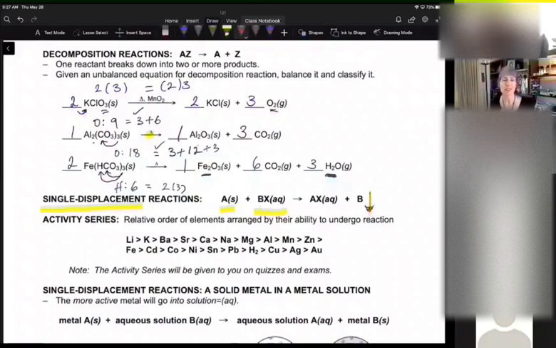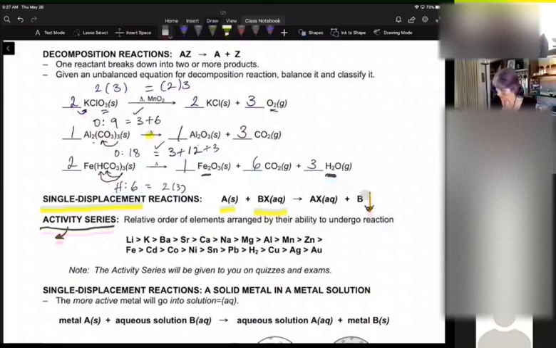So the way we answer that question is by looking at the activity series. The activity series gives us the relationship of the metals and the way that they naturally behave. This is the same kind of property that allows us to build batteries. They just have different reactivity and a different amount of desire to give electrons or take electrons.